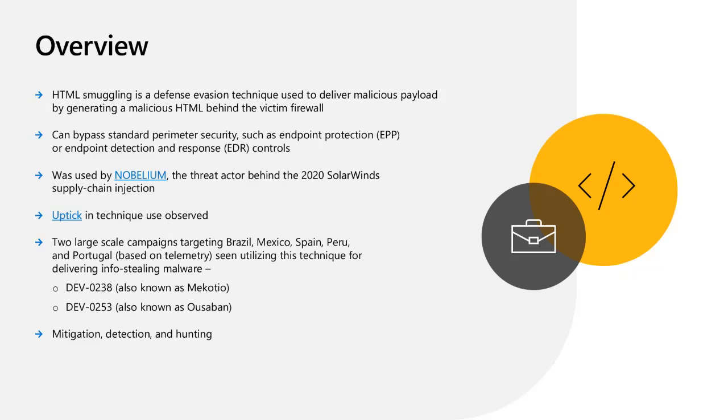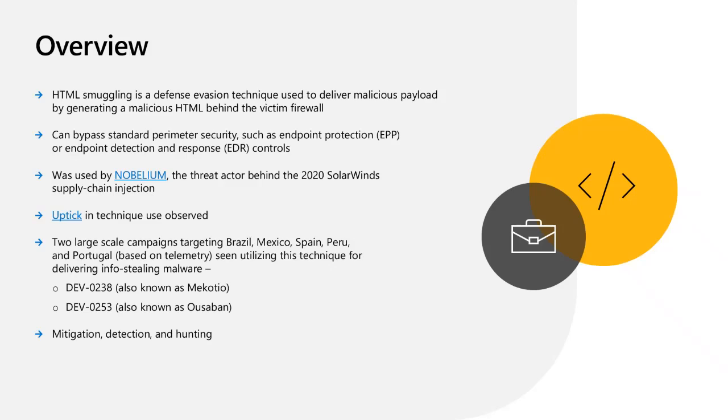Back to this technique: it uses a combination of HTML5 and JavaScript features to bypass defensive controls like email scanners, firewalls, proxies, and even sandboxes. Attackers achieve this by generating the malicious HTML code within the browser of the victim device, because it's already inside the perimeter of the targeted org.